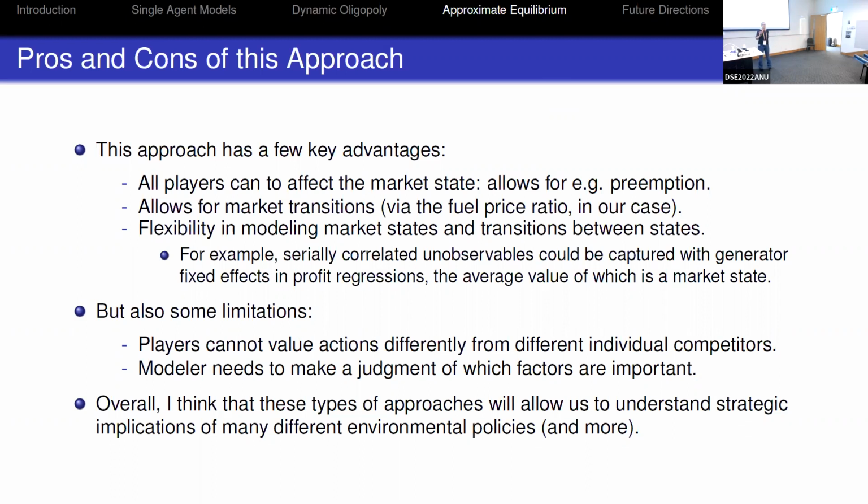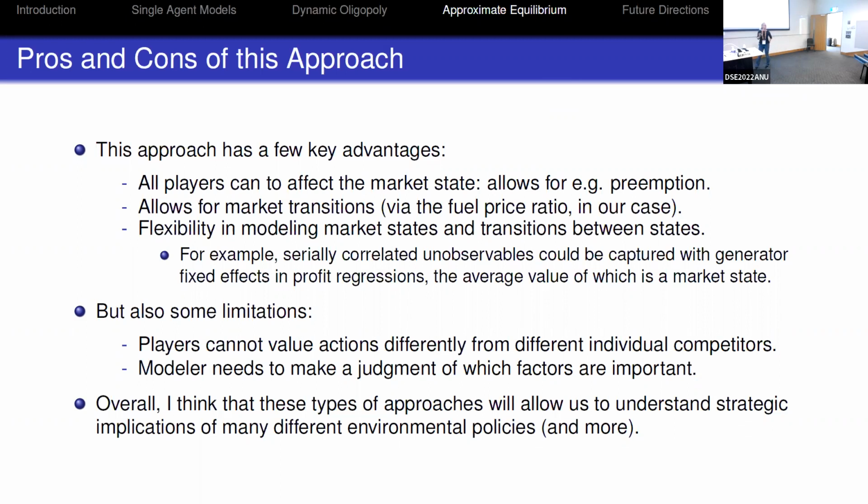This clearly has limitations. Like all of these have limitations. A big limitation here is I don't care about identities of anybody else, right? All I care about is this aggregate market state. So it can't be that Fedor and I really hate each other and I really want to stick it to him, right? I just really want his profits to be low. I hate it. He's right next door to me and he's always shipping out all those goods and it's just terrible.